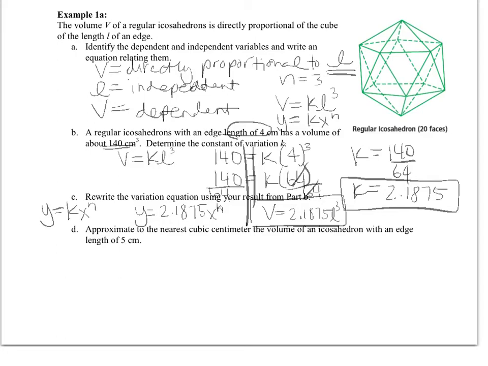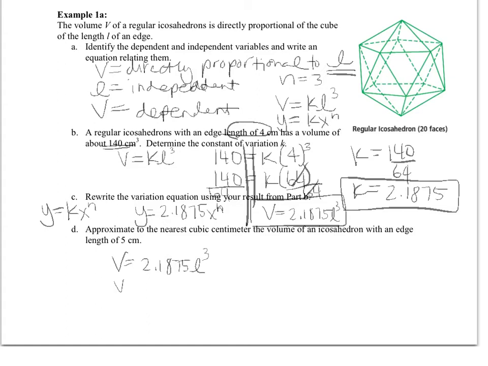And then in part D, approximate to the nearest cubic centimeter the volume of an icosahedron with an edge length of 5 centimeters. So we can say volume equals 2.1875 length cubed. That's our variation equation.